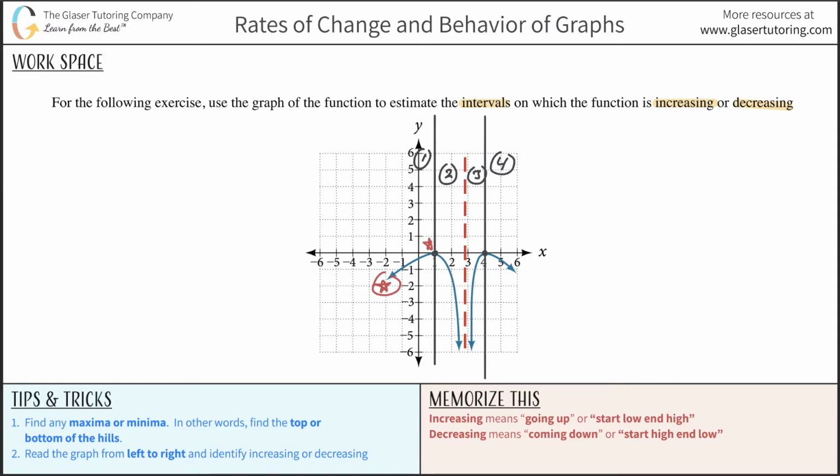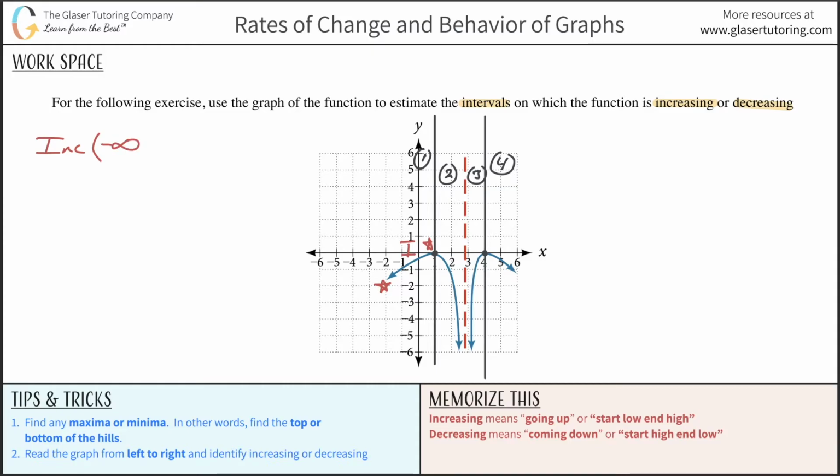If you started low and you ended high, sounds like this part of the graph increased, right? So I'm going to put a little I over here. And what I'll do then, I will list that increasing section. So increased over this interval, it looks like the graph would have continued all the way on out to negative infinity in that x direction. Remember, we're labeling the x values when we're talking about intervals.